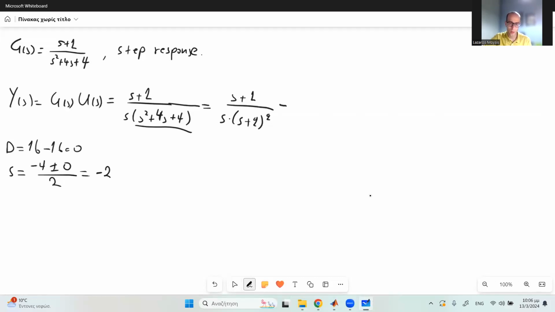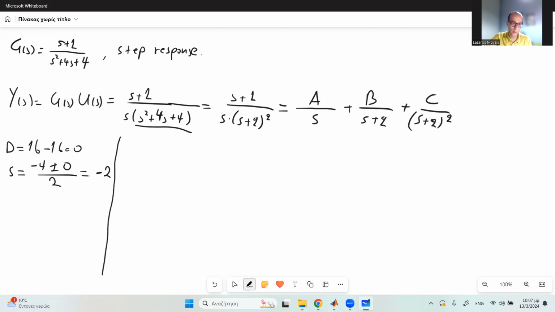Now, when breaking down the partial fraction expansion, we're going to break this down into all of the individual terms of lower order. So I have A over s, B over (s plus 2), and C over (s plus 2) squared. Now I need to compute these three terms.